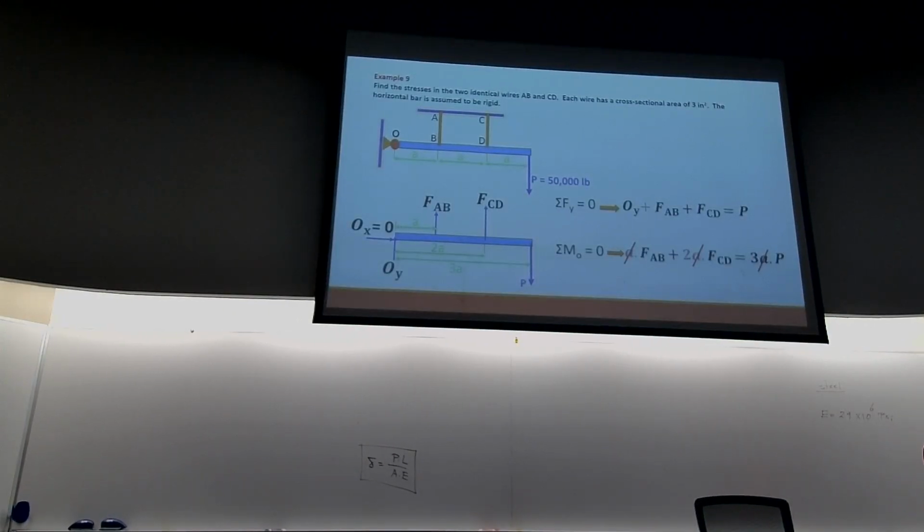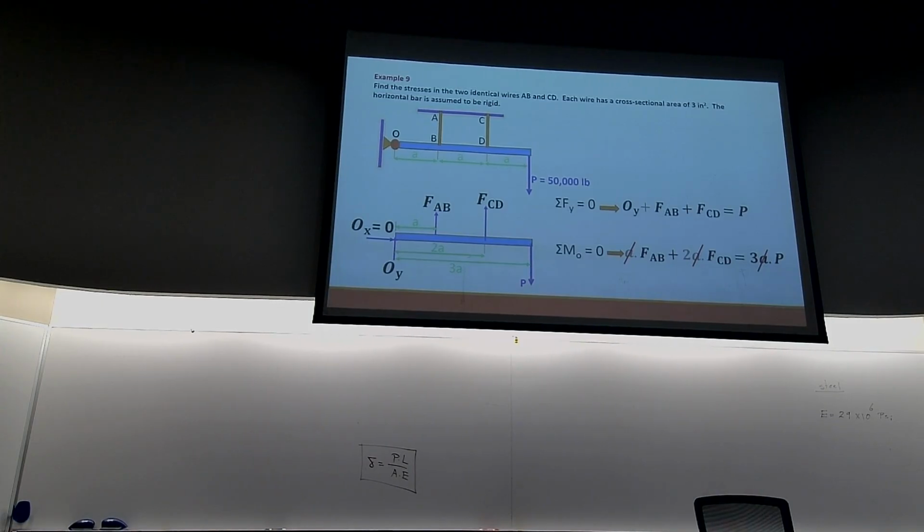So we need to look at deformations to get one additional equation. What can you say about deformations in this problem? The blue member is assumed rigid, so it doesn't deform, it stays straight. The wires are going to be stretched.